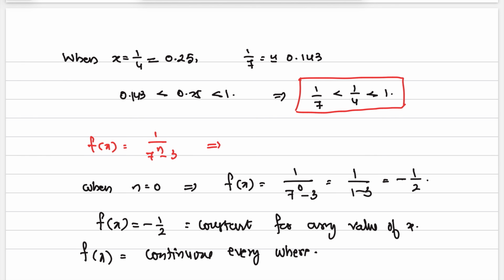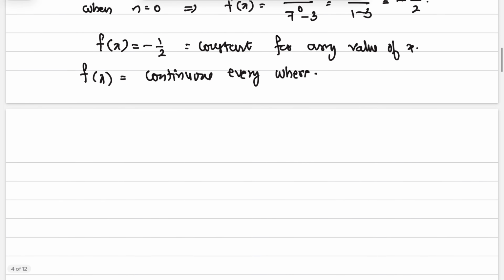Discontinuous means breaking. It is not broken anywhere. Function x is continuous everywhere. What it says? Please try to understand the concept.